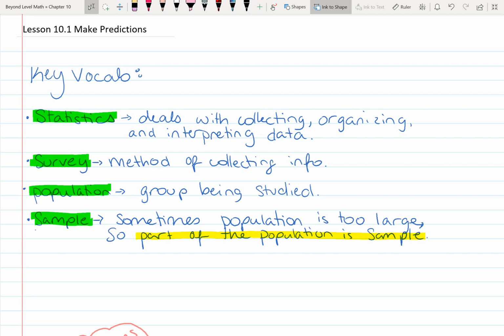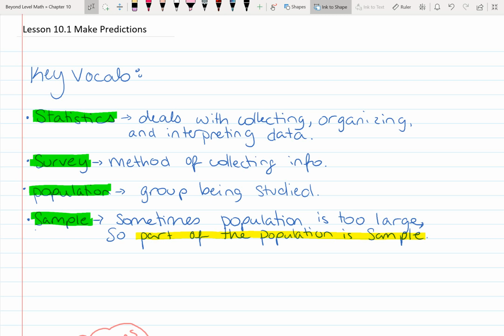a sample. So if I wanted to make a prediction about all 6th graders in the U.S., I can't realistically survey all 6th graders in the U.S., right? But I could take a sample size and take 5 6th graders from each school in the diocese, and that would work, right?